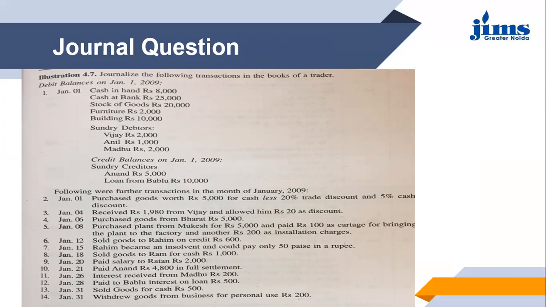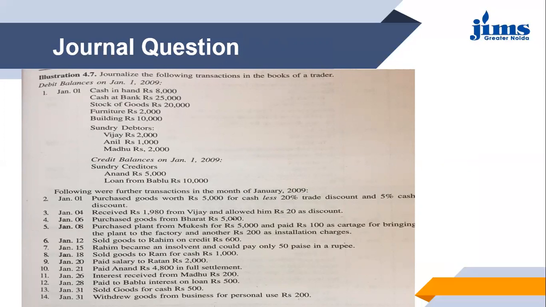You have to be very clear with this concept: if any asset is purchased in the business and you pay any cartage, carriage, installation, setting up or transportation charges along with the purchase of the asset, that expense needs to be included in the cost of the asset also.